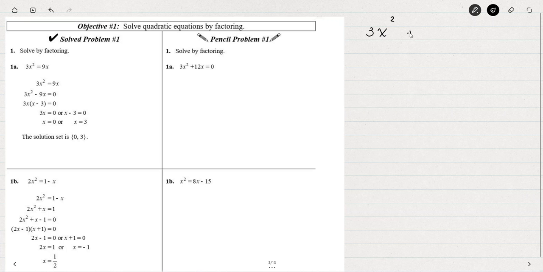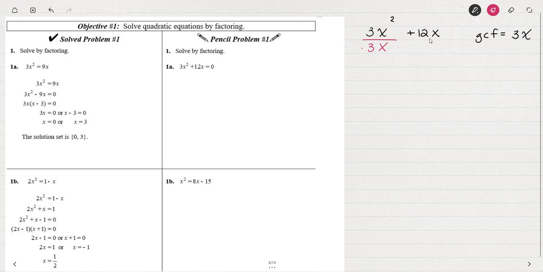So let me remind you that what we're going to look at here is factoring out the greatest common factor. The biggest number that goes into both a 3 and a 12 is a 3. And the highest degree of x that goes into both is an x. So our GCF is going to be 3x.